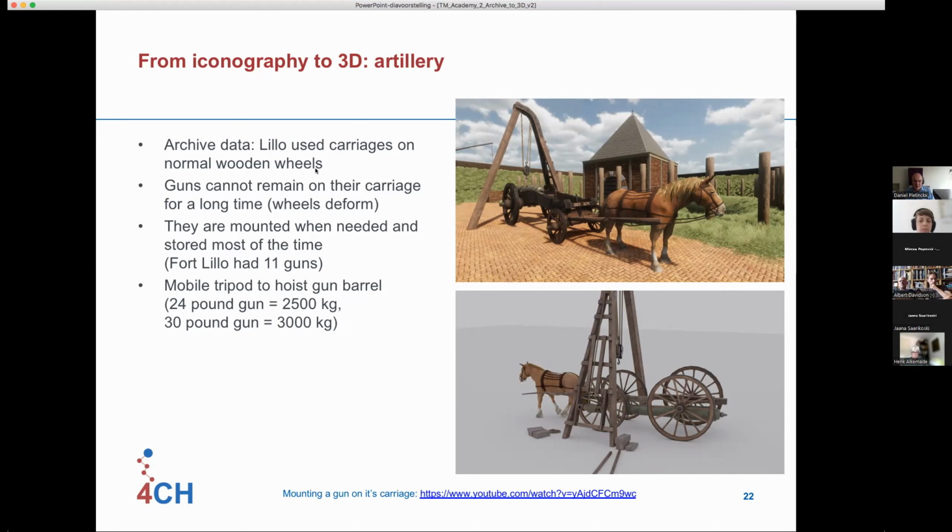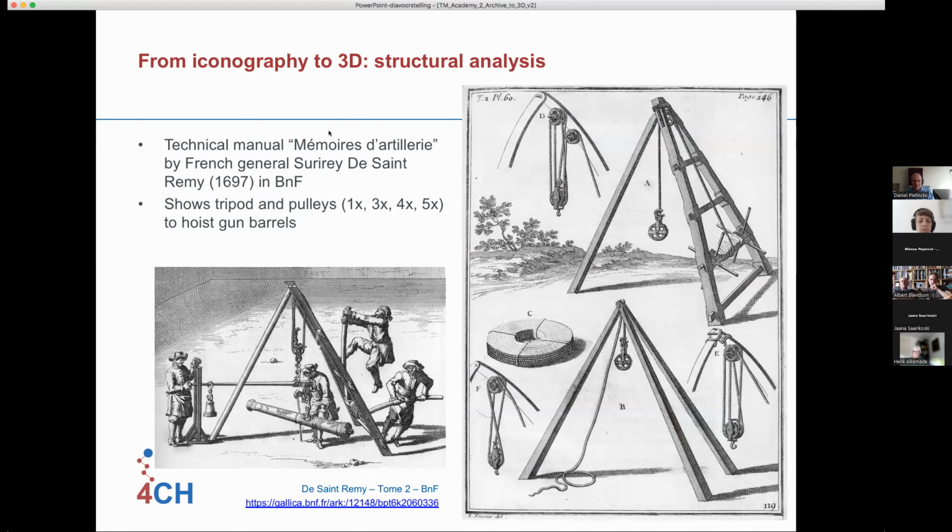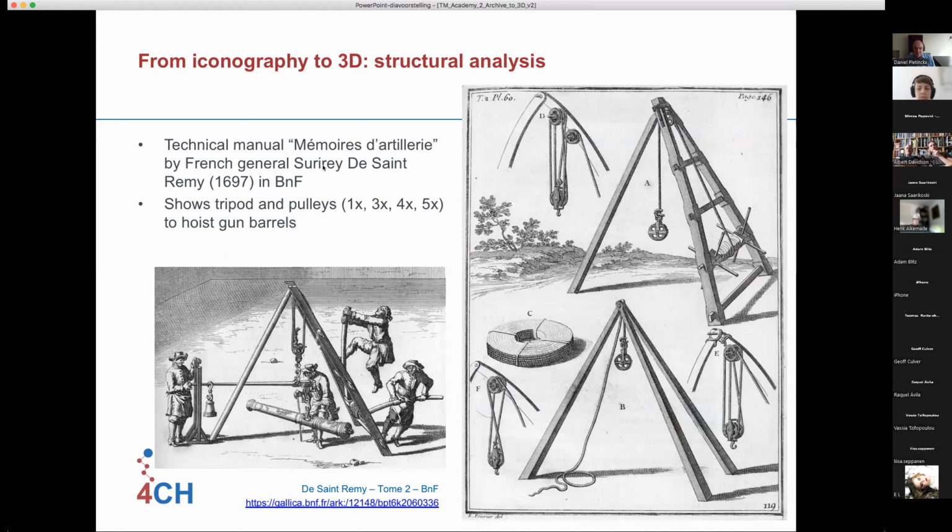So that means that one of the nice things you need for that is this kind of tripod to put such a gun on its carriage. We have made a nice video of how this works. Have a look at it. But I wanted to come to this famous technical manual from a French general called Surirey de Saint-Rémy.